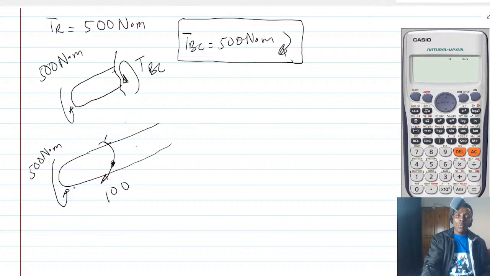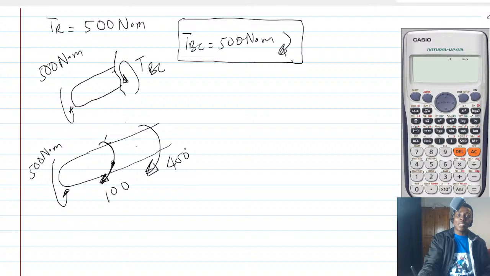So 500, sorry. So if I have 500 in this direction, and then I have 100 in the opposite direction, then for equilibrium, it means that I need to also get what? 400 in the opposite direction, right?